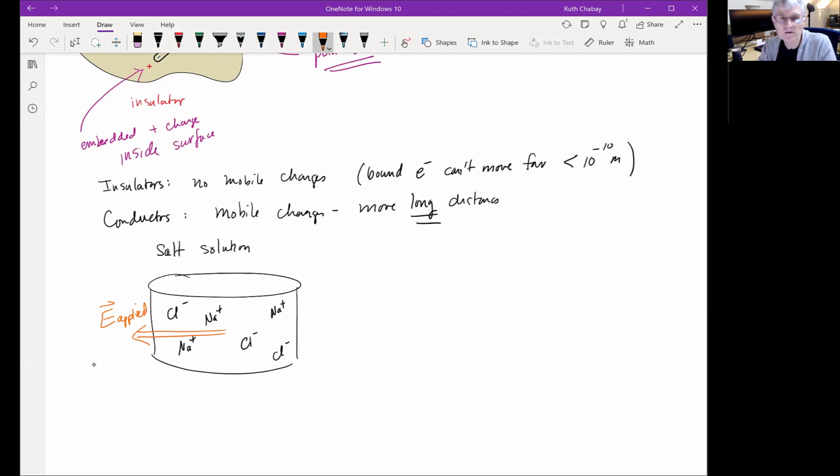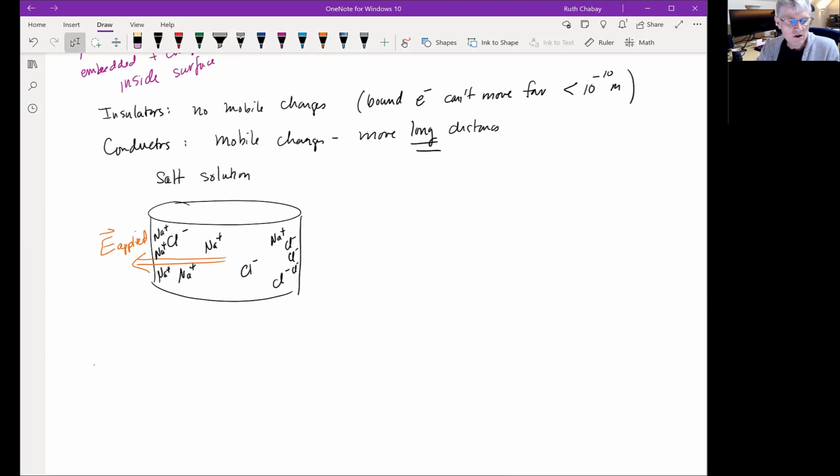But if there's some electric field due to outside sources here, then these charges can move. And so what we'd get is sodium ions sort of piling up here, and we get chloride ions kind of piling up on that side. And then there'd still be other ions in the middle. And we'll talk about how far this process goes because it's an interesting issue.